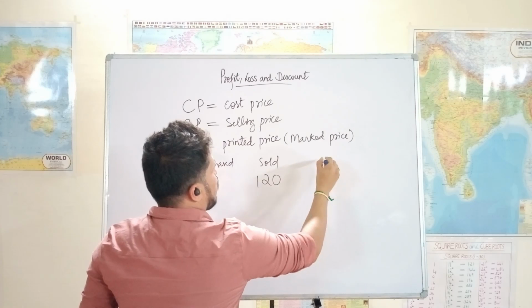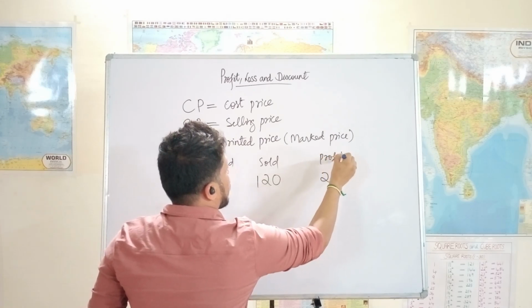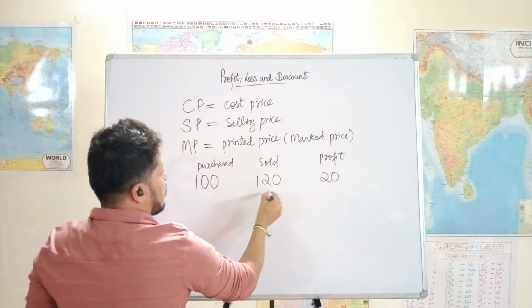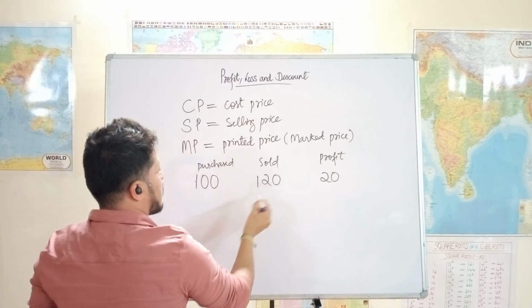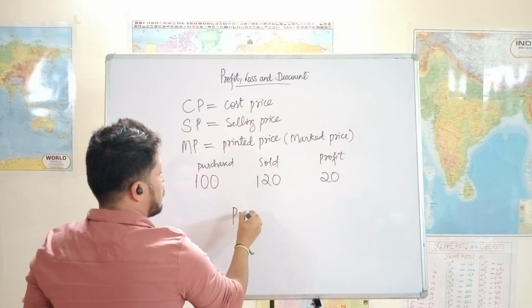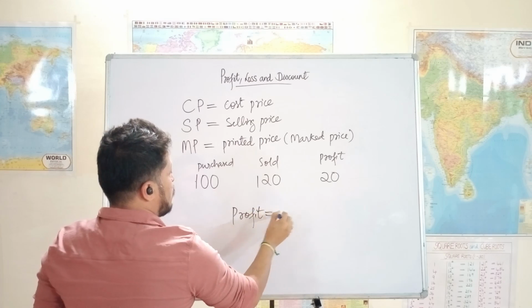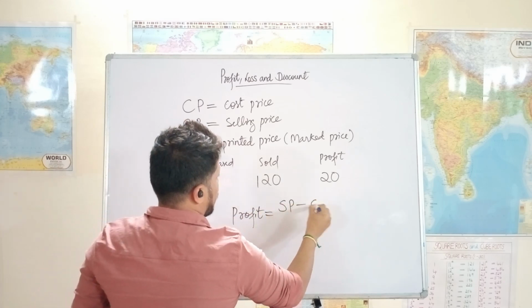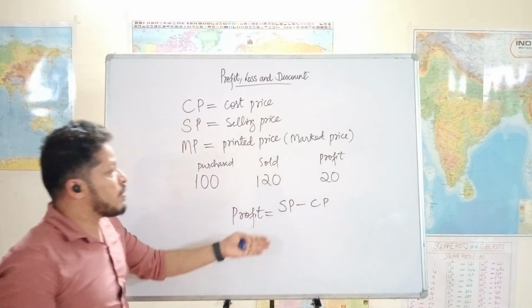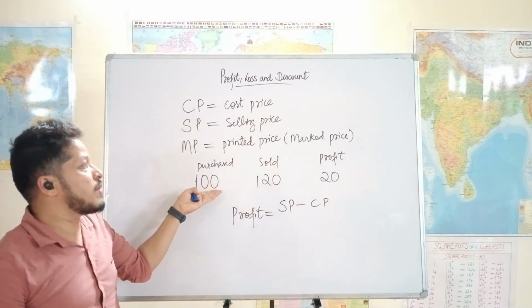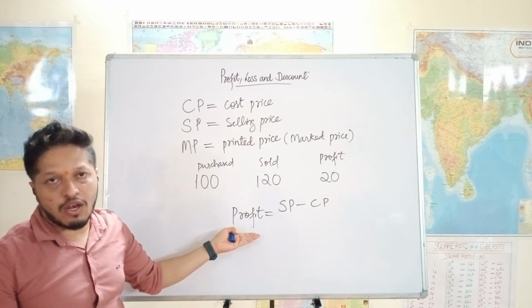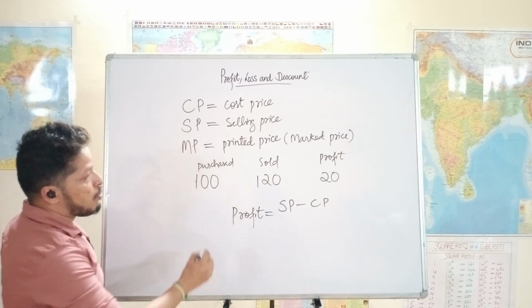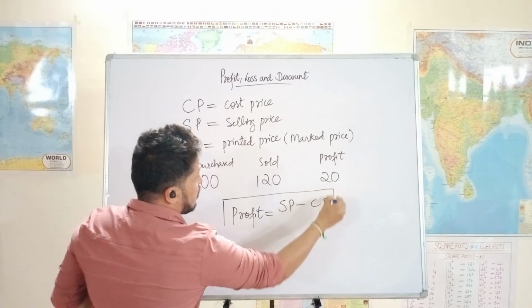So how did we get this profit of 20 rupees? By subtracting the purchasing price from the selling price. So the profit is equal to the selling price minus cost price. See, selling price must always be more than cost price so that you get profit. Otherwise you incur loss, right? So always profit is equal to selling price minus cost price.